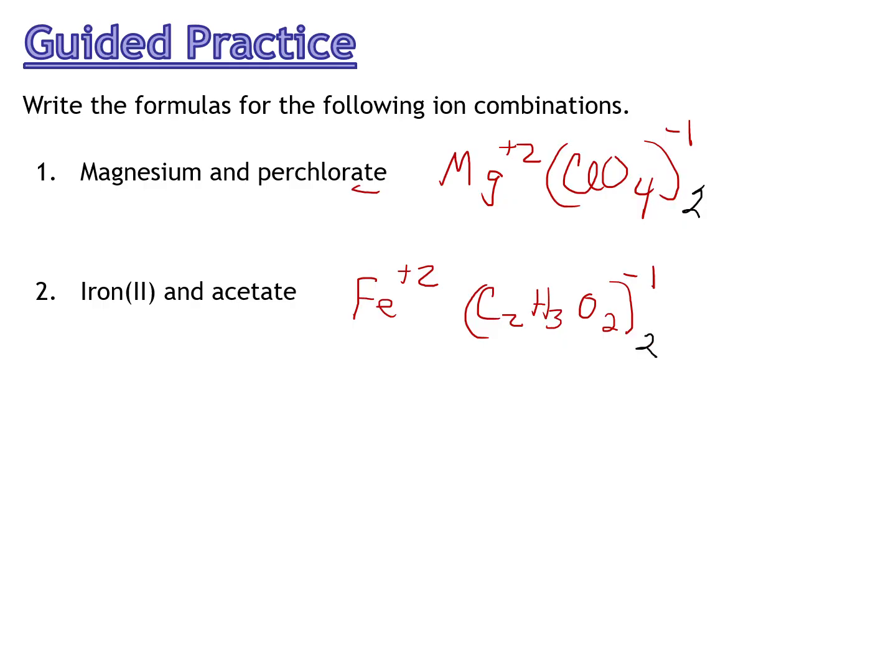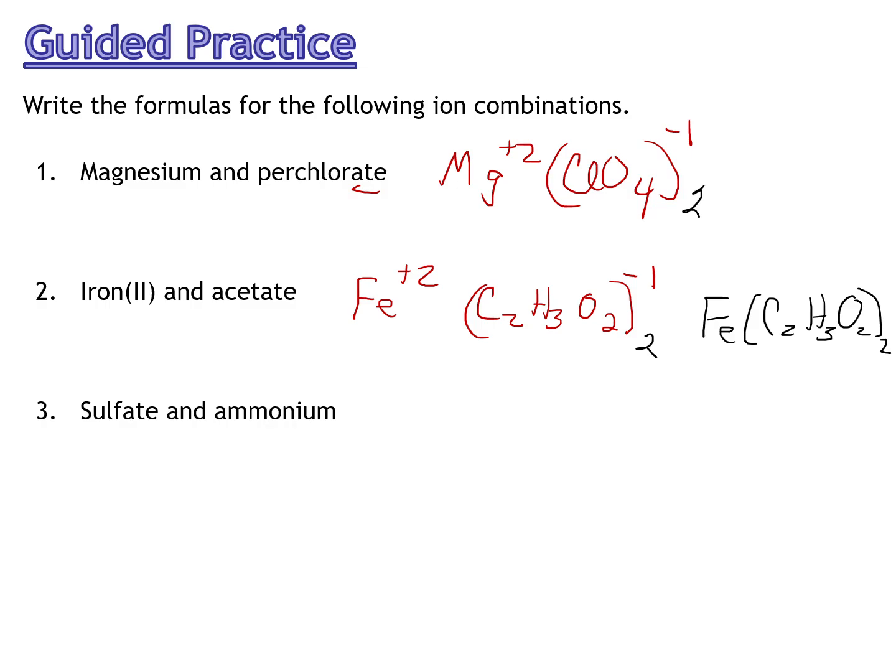Make sure when you're writing these things that you're putting them together. Let me rewrite it over here. Fe(C2H3O2)2. A lot of times when people do this, they just do the swap and drop and they don't really push the letters together, and it looks kind of weird.